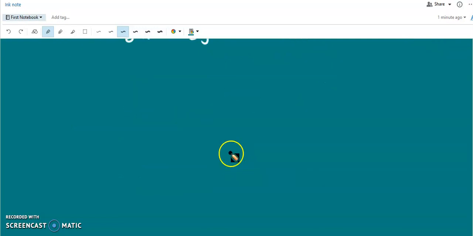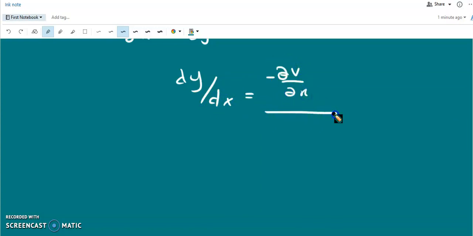dy/dx is equal to minus ∂v/∂x divided by ∂v/∂y. Okay, so that is the slope m2 of the family of curves v equal to k2.